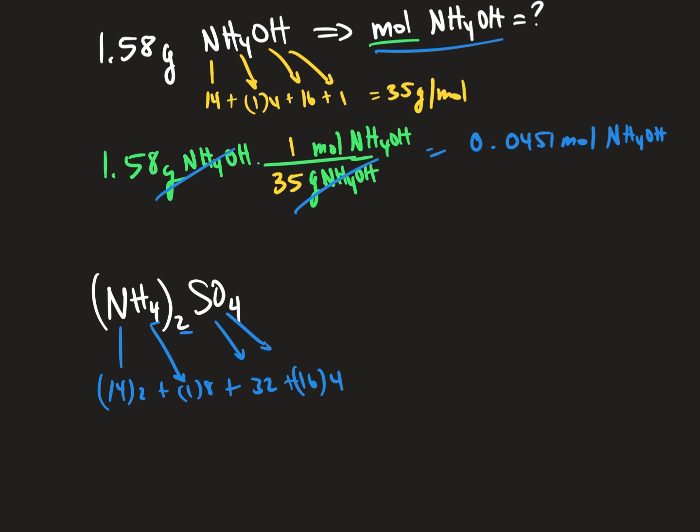And when we do this, we get 28 plus 8 plus 32 plus 64, which is 40, 104, 132 grams per mole.